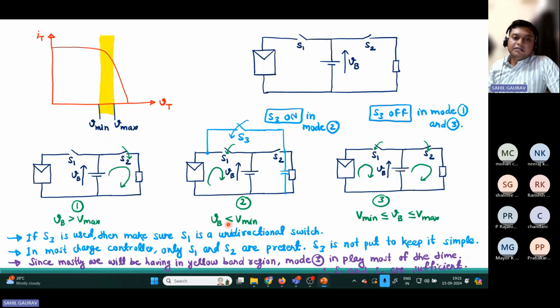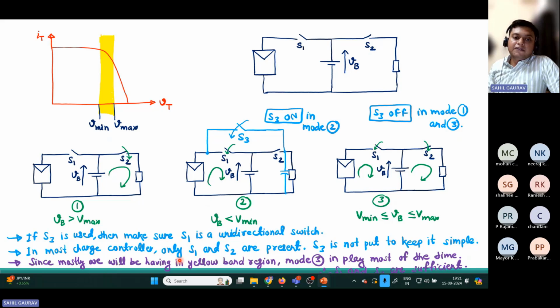In most charge controllers only S1 and S2 are present, while S3 is not put, to keep it simple, because we do not often face this in a real scenario.